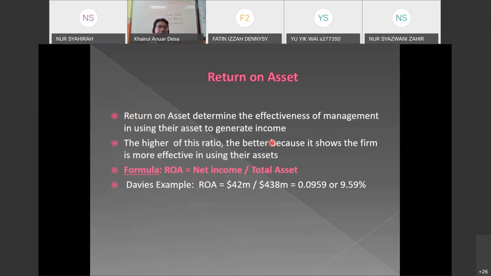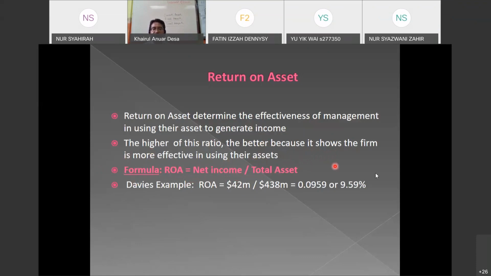Okay. Higher this ratio is better because shows that the firm effective using their asset. So formula of ROA is the net income over total asset.